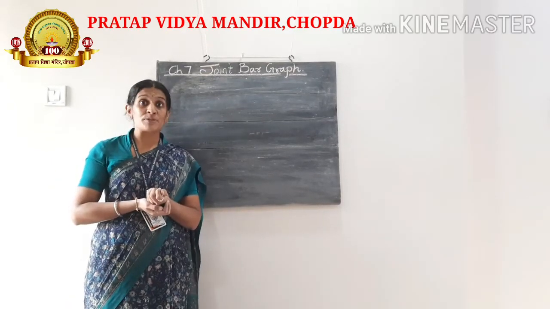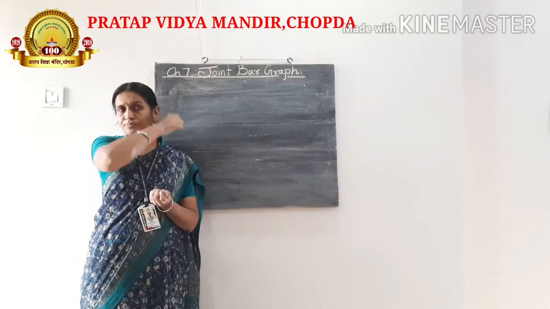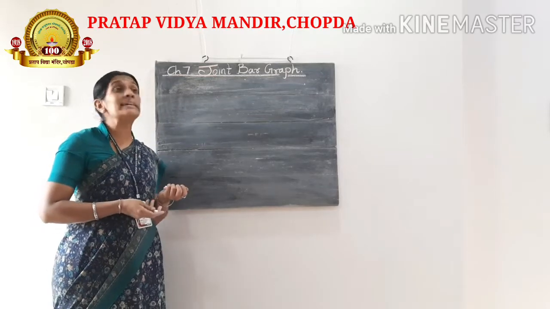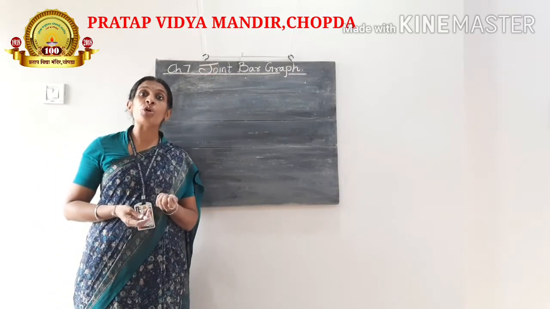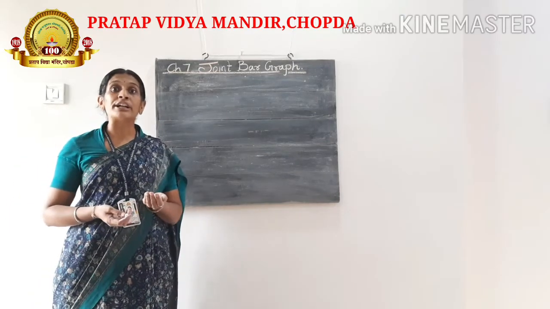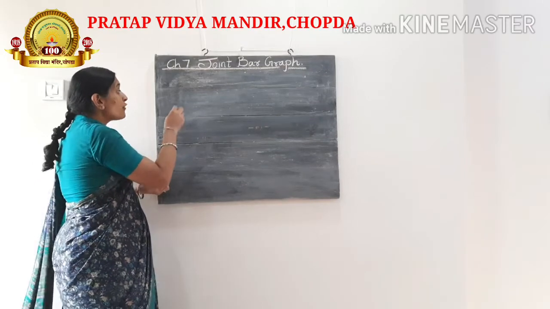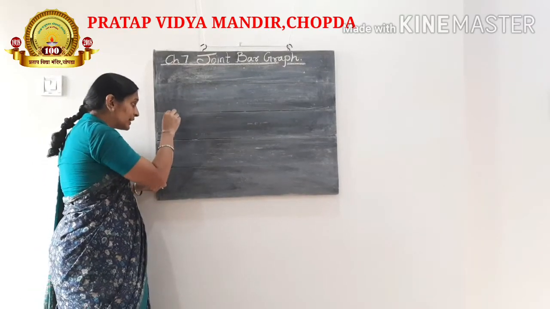There are different types of graphs and you have studied graphs in standard 6. The basic thing you should know about a graph is that we have a graph paper which has squares of 1 centimeter each.